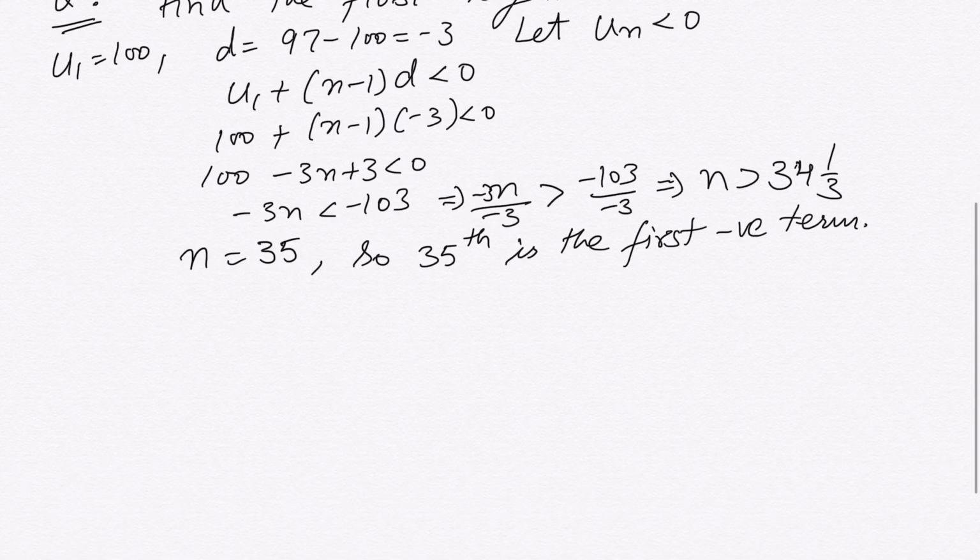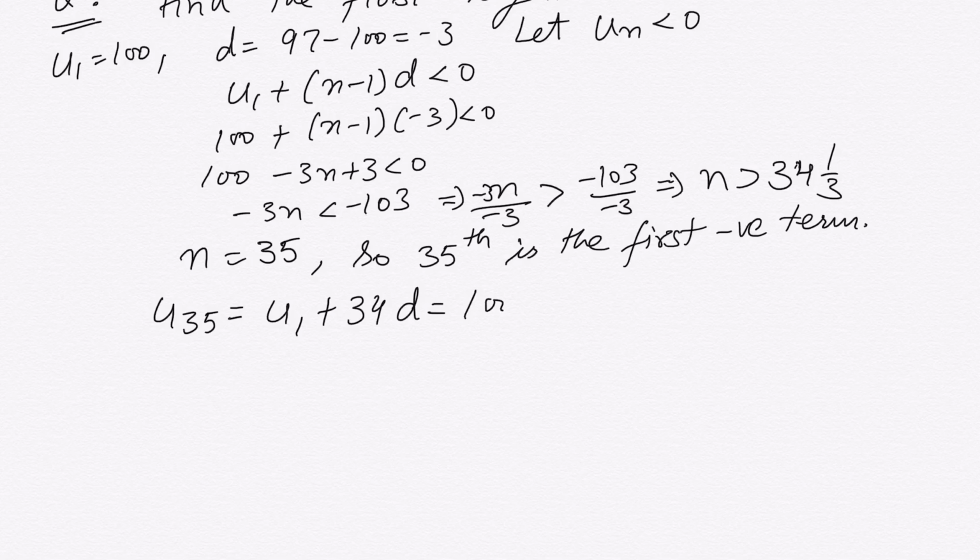And then you can calculate u35 also. u35 is nothing but u1 plus 34d, and u1 is 100 and d is minus 3. So the value that you get is minus 2, and you can see it's a negative number.